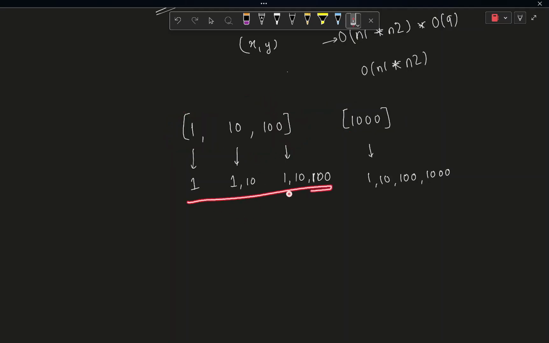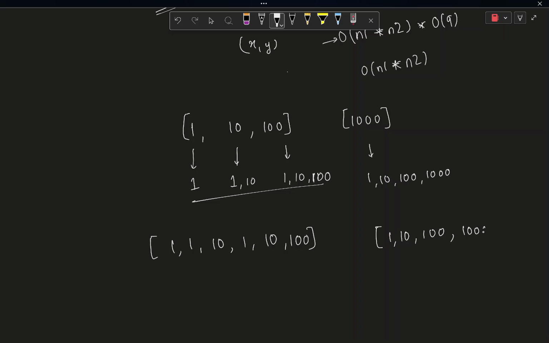So what if I just find out all the prefixes from this array once? If I just figure out all the prefixes from the first array, let me write them out here. 1, 1 10, 1 10 100, and the second array has 1 10 100 1000.